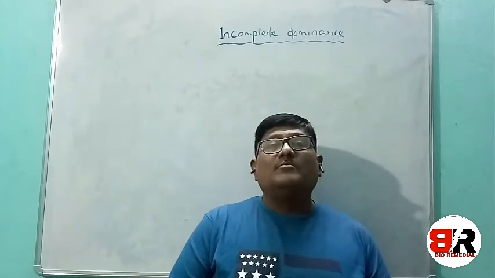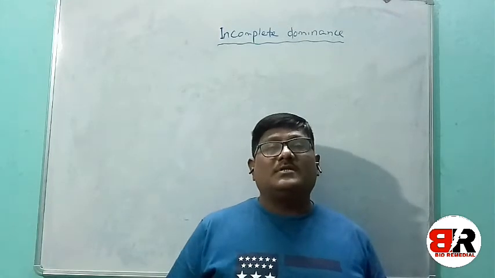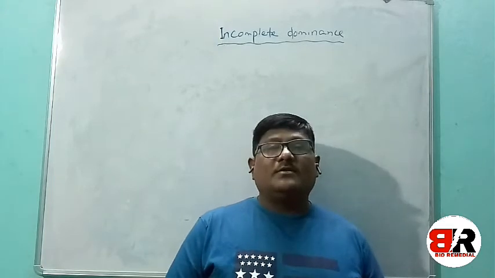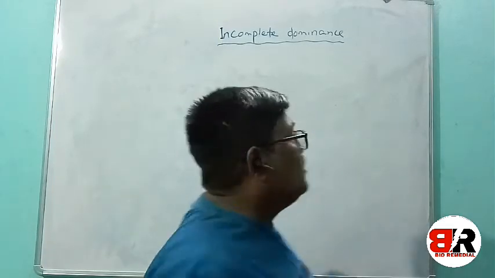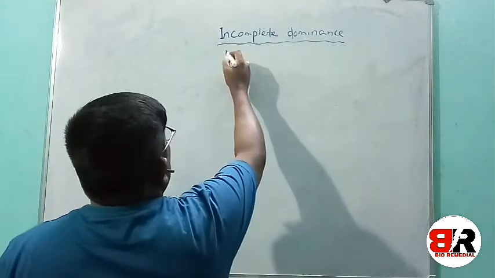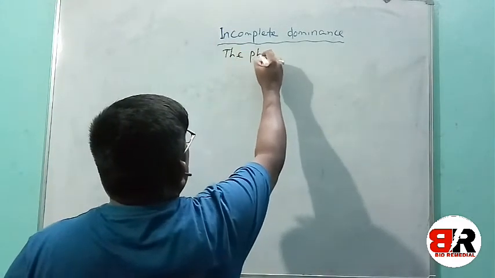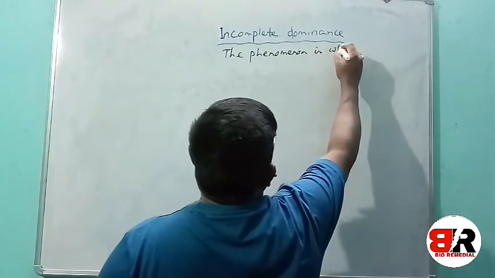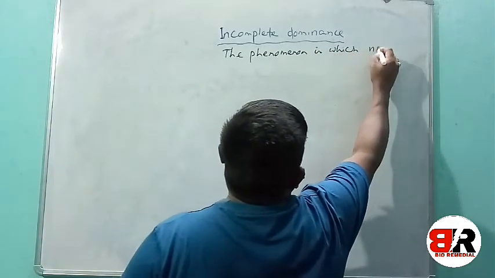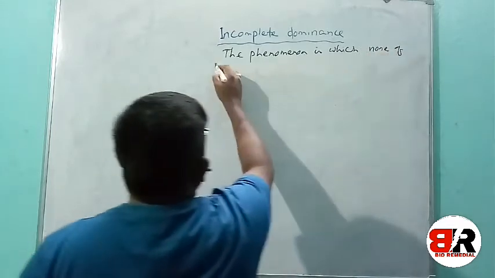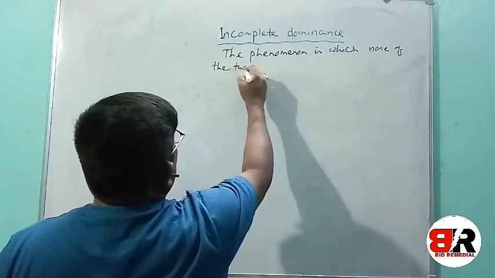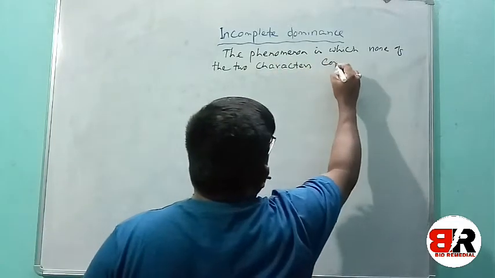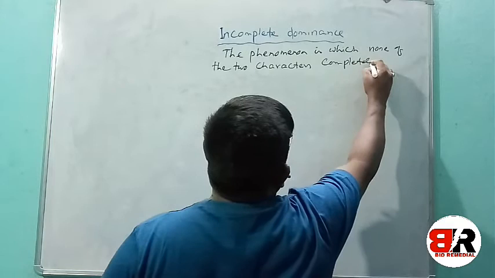Students, in incomplete dominance, as the name suggests, none of the characters is completely dominant in the F1 generation. So we can define incomplete dominance as the phenomenon in which none of the two characters is completely dominant.